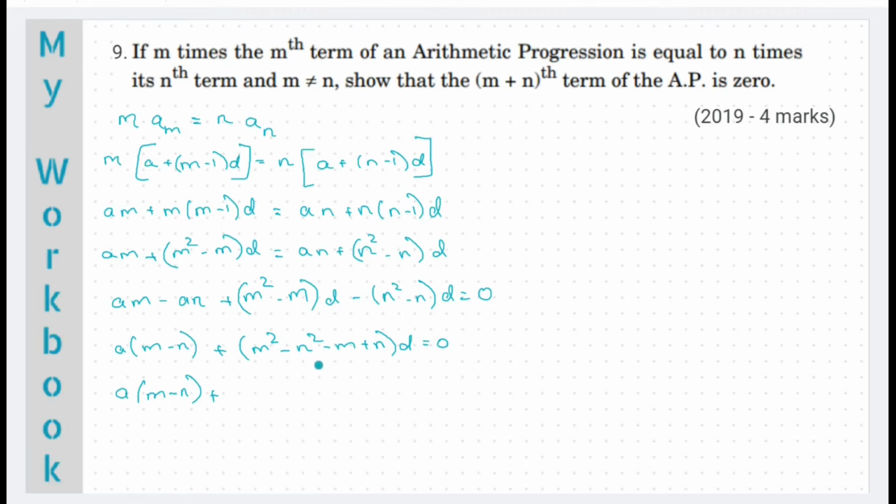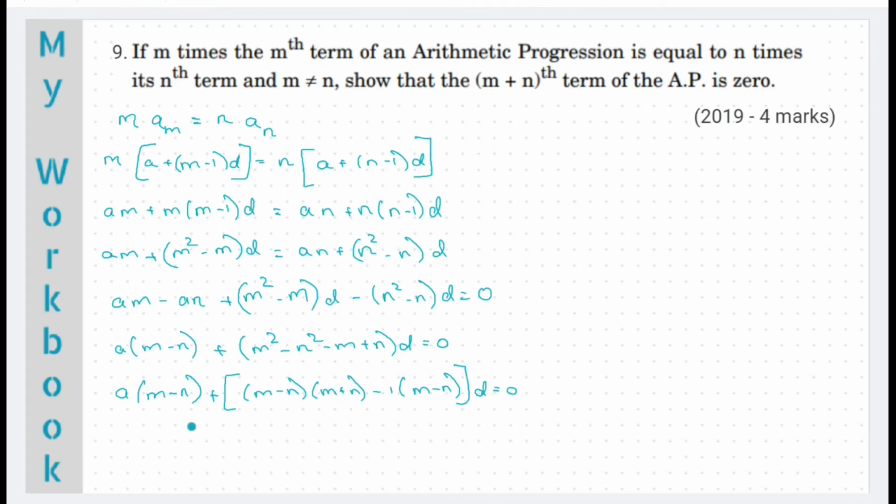M square minus n square, I am writing it as m minus n into m plus n. I am taking a negative 1 as common, so it will be m minus n into d.